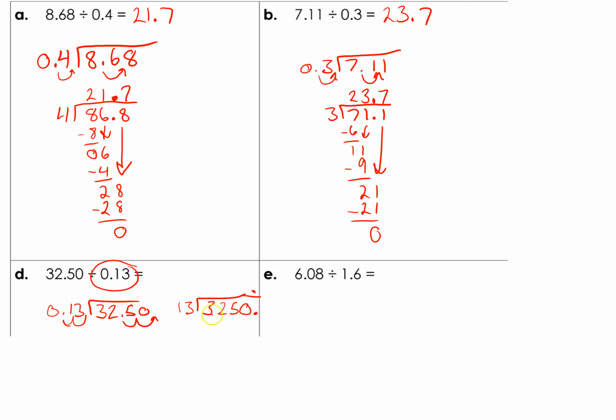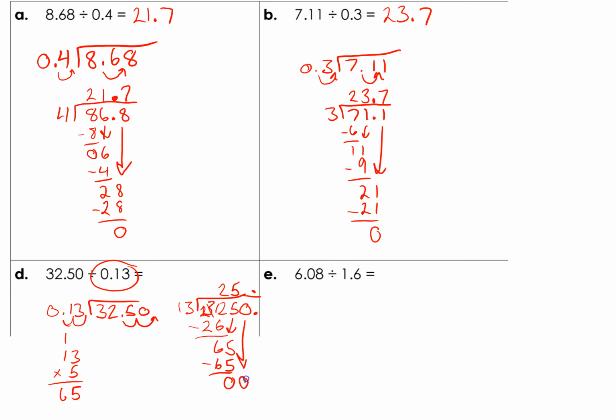Okay, 13 can't go into 3. 13 can go into 32 at least twice. 26, subtract, gives me 6, bring down my 5. 13 goes into 65, let's see, I'm going to say 5 times. 13 times 5 is 65 exactly.